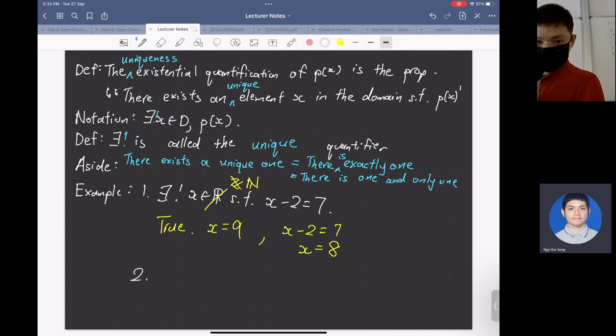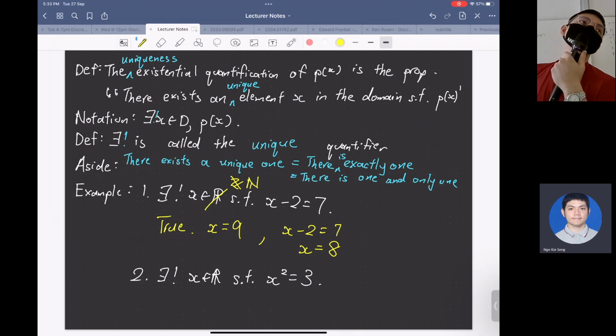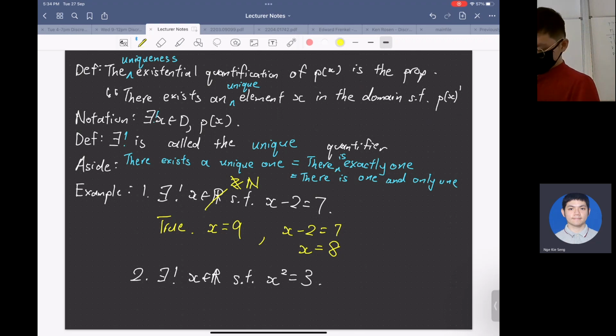Okay, next. There exists a unique x such that x squared equals 3. True or false? Why? There are two answers. What are the two answers?